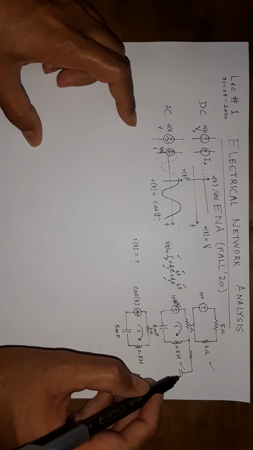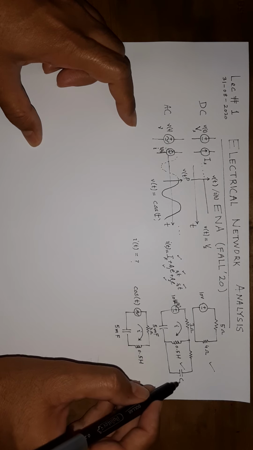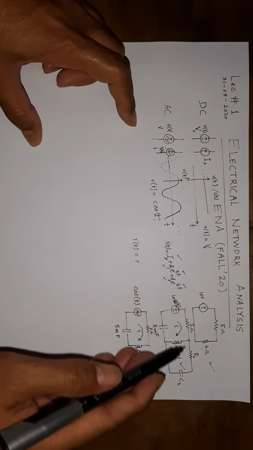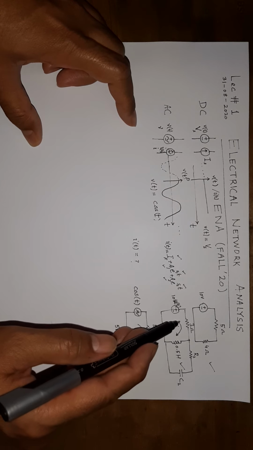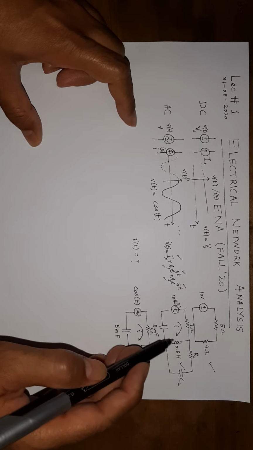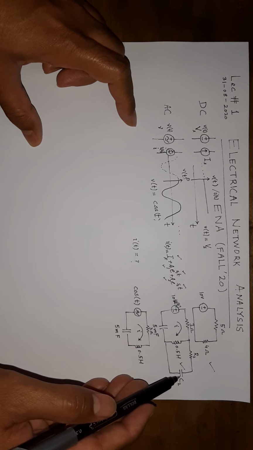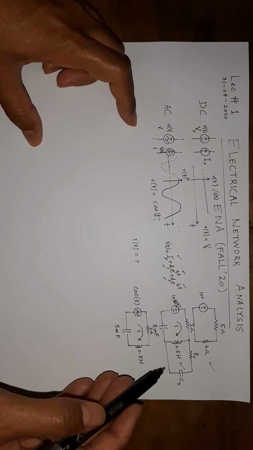The knowledge that we acquired in LCA would not even help us solve this one. It's not going to be very easy. We only dealt with series RLC or parallel RLC, but this is neither series nor parallel RLC, because this is a capacitance, this is a capacitance, and they are not in series, not in parallel.